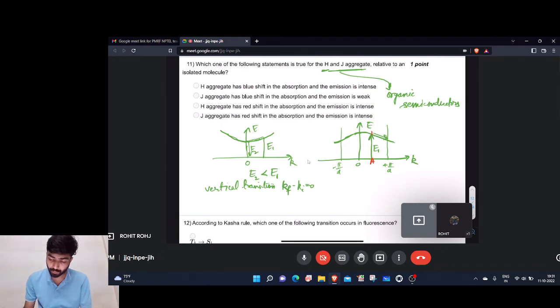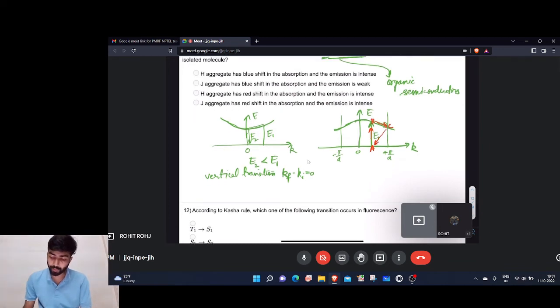In general, these are not high symmetry points, I'm just labeling initial and final points, B point and C point. So the system goes from A to B, and via thermalization the system goes from B to C. Now to come to the initial state, there has to be a slant transition, which for sure will not conserve the momentum, because k final minus k initial will not be equal to 0. So momentum is not conserved in this transition.